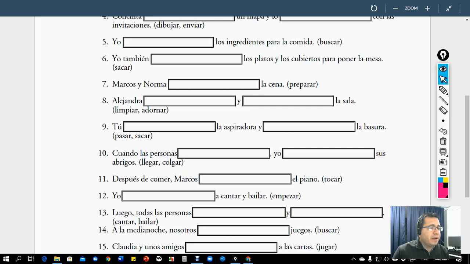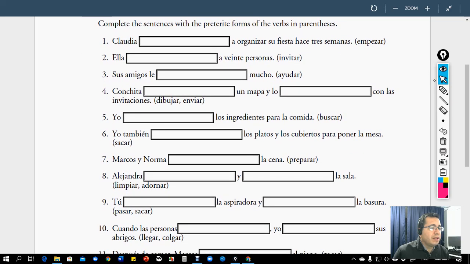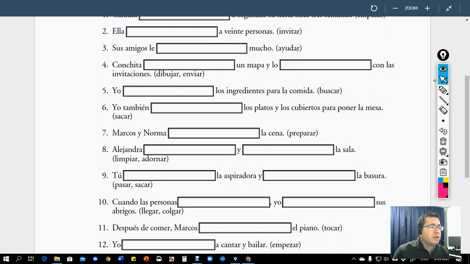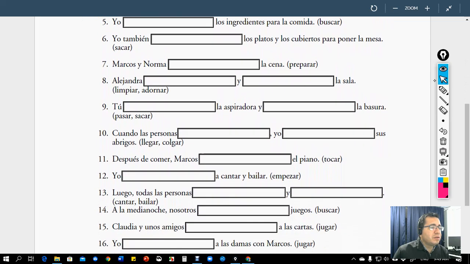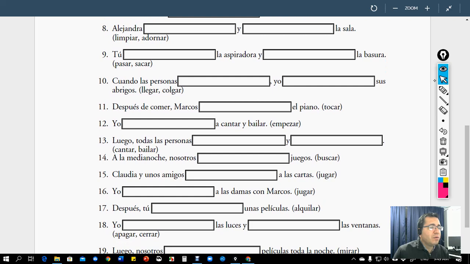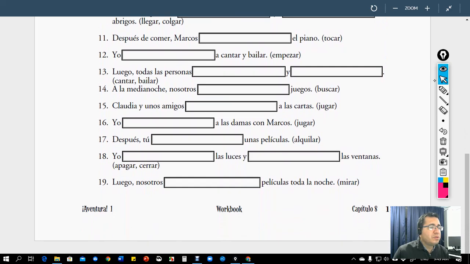So looking back here at the nosotros, we're gonna try to find where there are nosotros. Okay, let's see. Number one is sus amigos, yo. Number 6, yo también, Marcos, Alejandra. Cuando las personas, después de comer, Marcos, yo, Claudia y unos amigos.